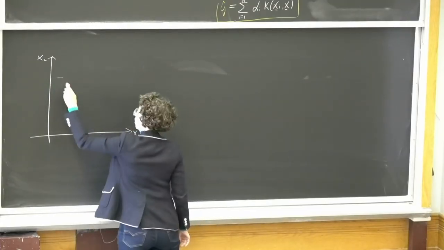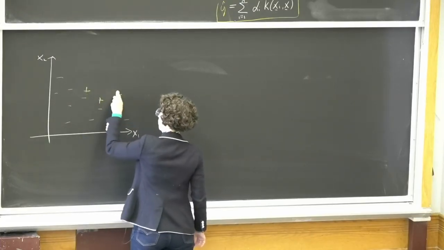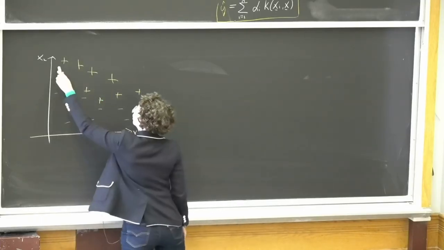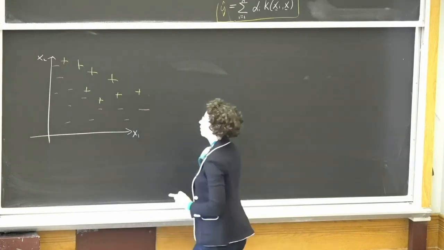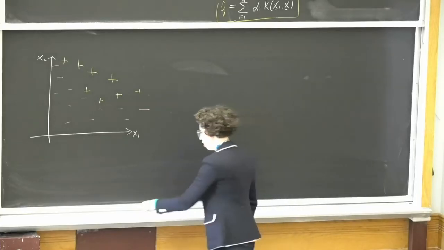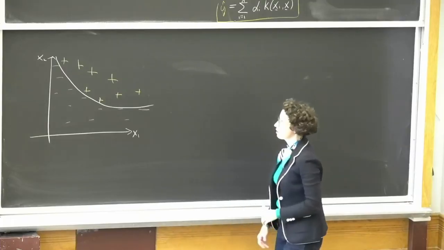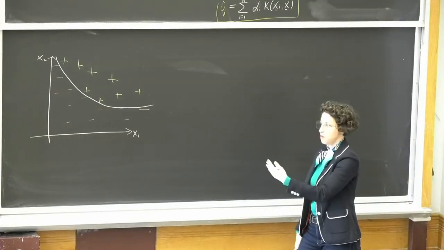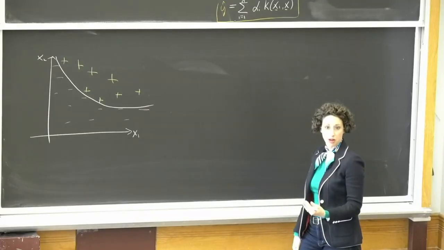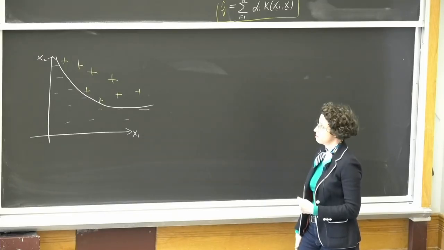And imagine that our samples look something like this. Okay, so this is a case where trying to separate the pluses from the minuses with a straight line would be very hard, but you can imagine that some kind of polynomial decision boundary could work very well, and using kernel methods with a polynomial kernel and doing kernel ridge regression is actually going to separate them quite nicely. Okay, and this is very simple to implement.